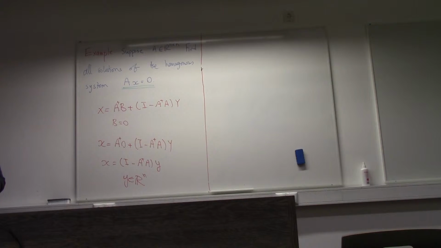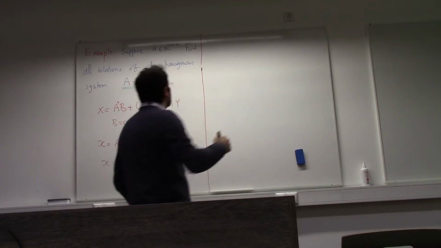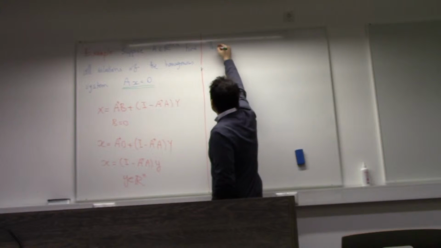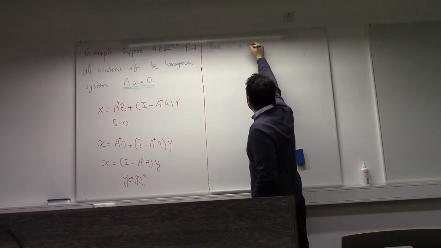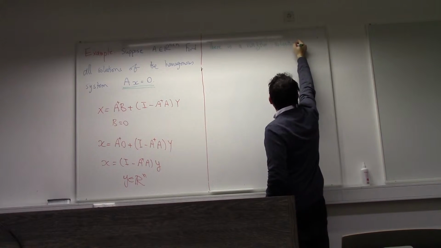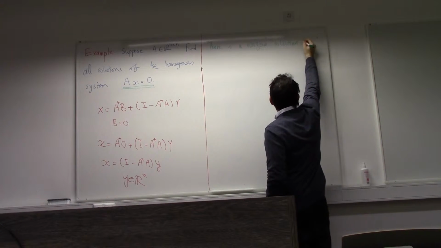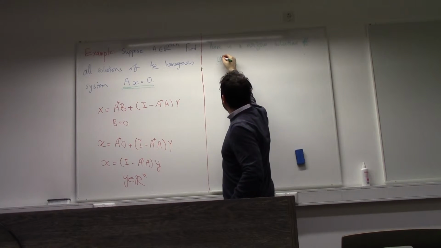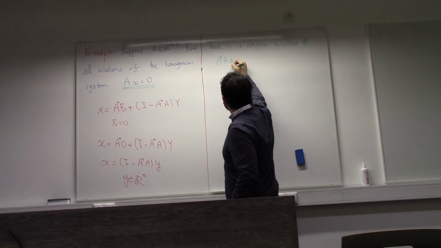Again, if there is a left inverse... There is no left inverse. So there is a non-zero solution if and only if A plus A is not I.